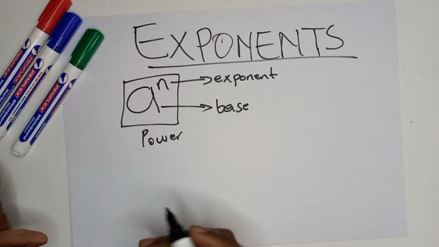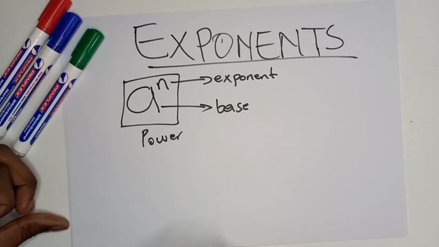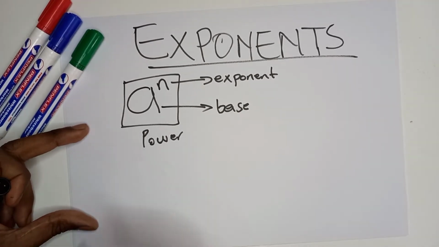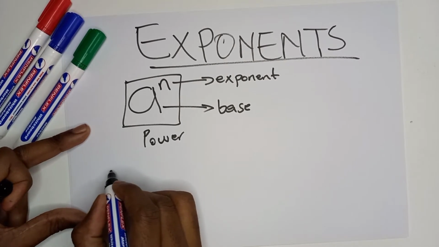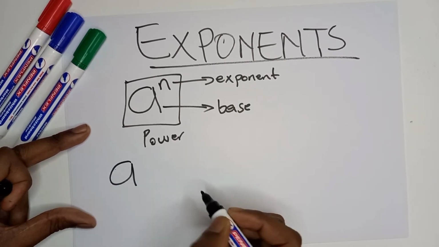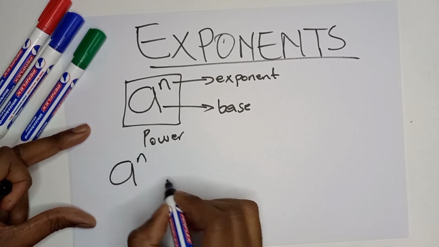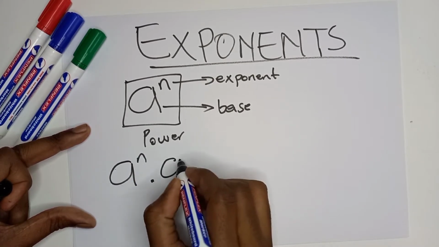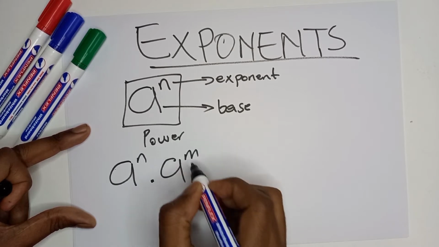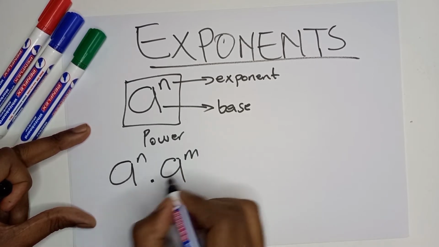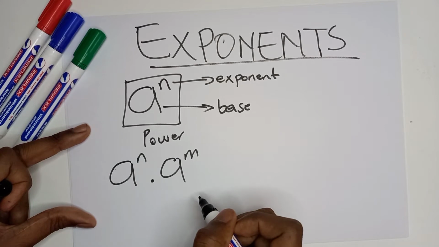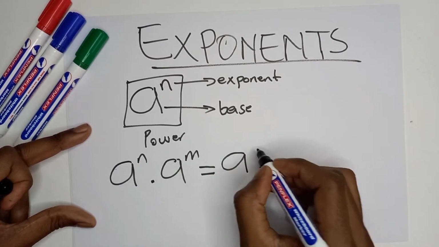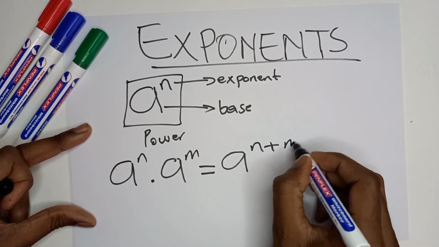All right. Now let's look at the first law of exponents, which is the multiplication law. The multiplication law says if you have 2 powers that have the same base but different exponents, and these 2 powers are being multiplied with each other, then you keep the same base and you add the exponents.